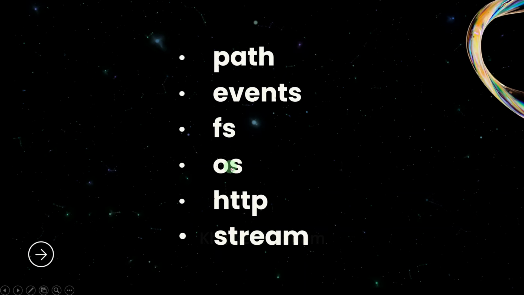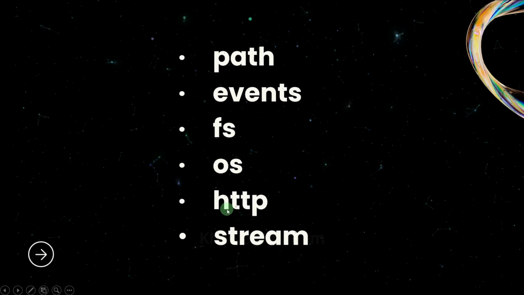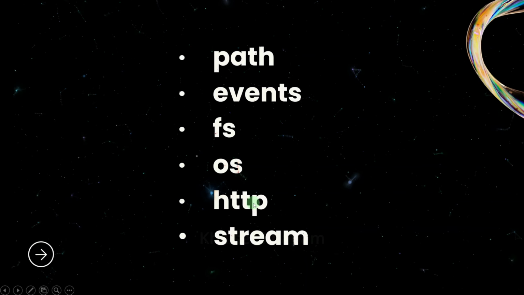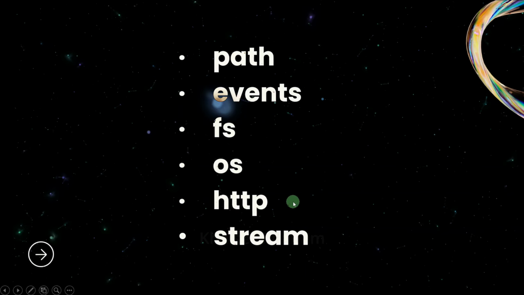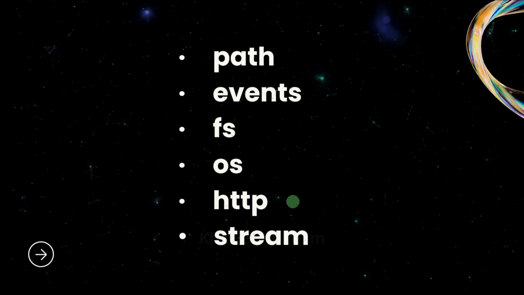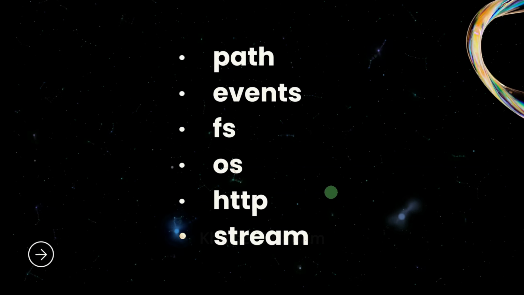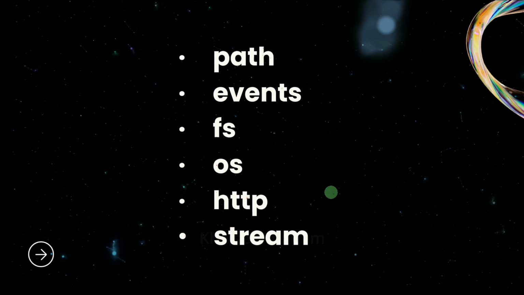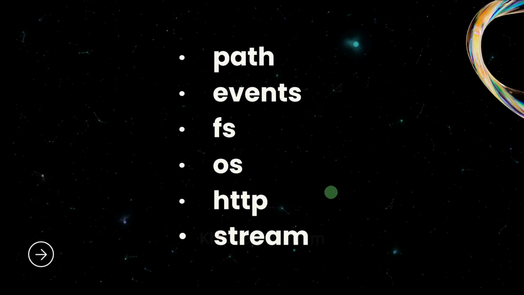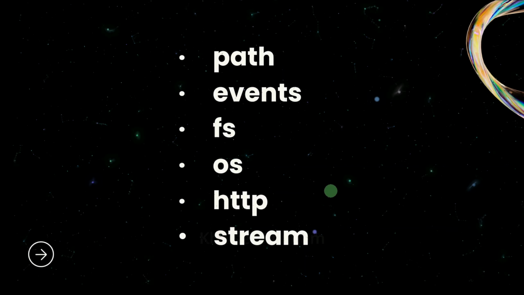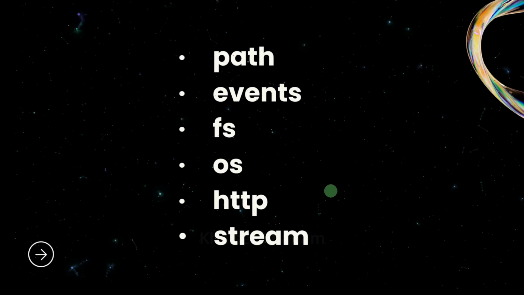Then we have os, which provides information about our operating system. Then we have http, which enables HTTP servers and handles requests and responses. Then we have stream, and using this we can handle streaming data, like reading or writing files in chunks. One by one, we will understand all these core modules in depth.